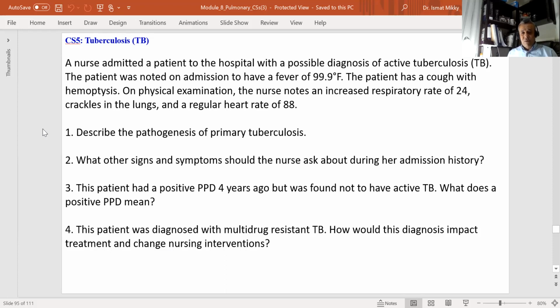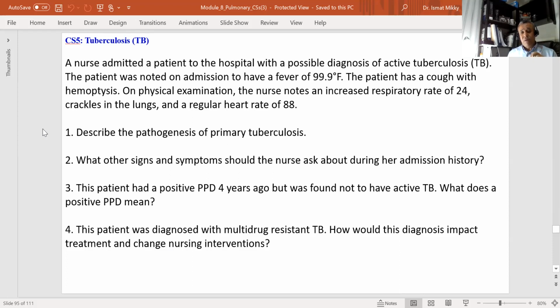Number three, the patient had a positive PPD 4 years ago, but was found not to have active TB. So what does a positive PPD mean? 4 years ago, the patient had a positive PPD.